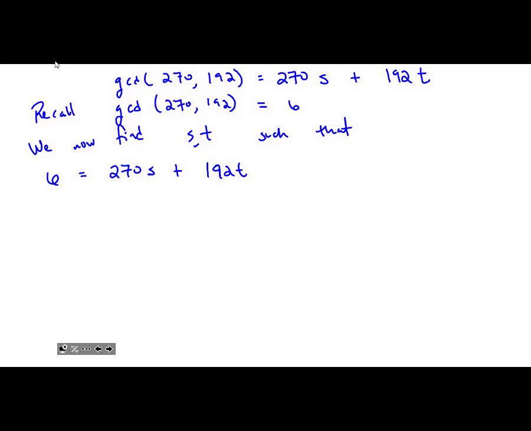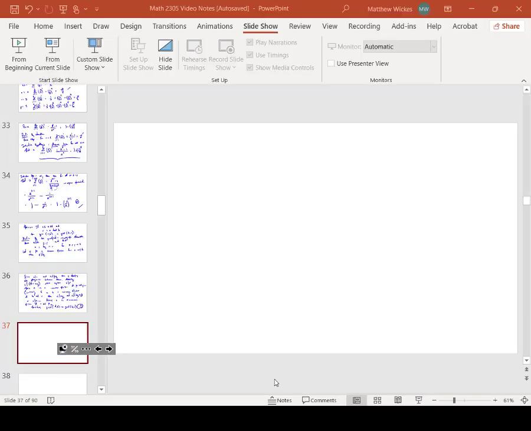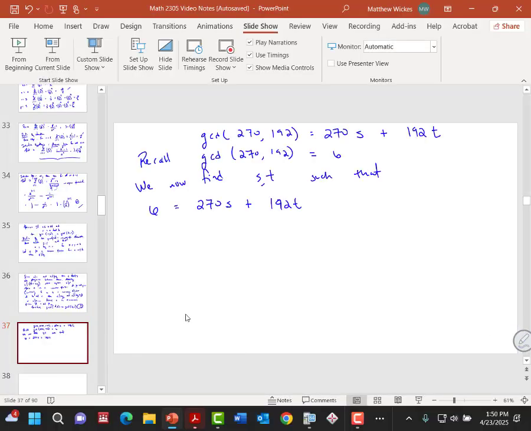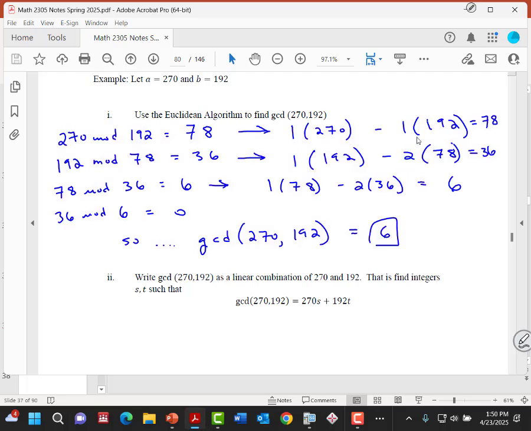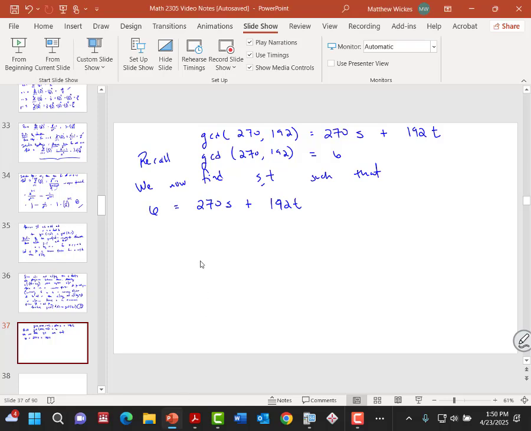Okay. Well, and this is why we did what we did just a second ago back here in the notes with this PDF, where I wrote each of these out as the product of two integers and then taking the difference between them. So I want to write 6 as 270s plus 192t.